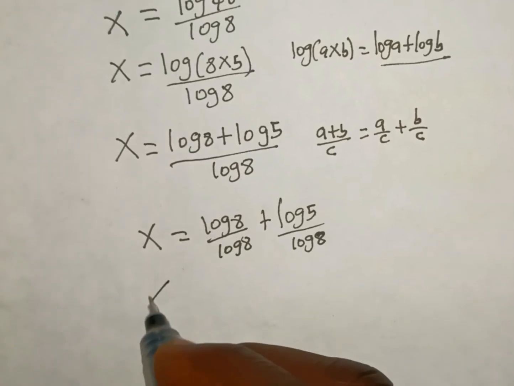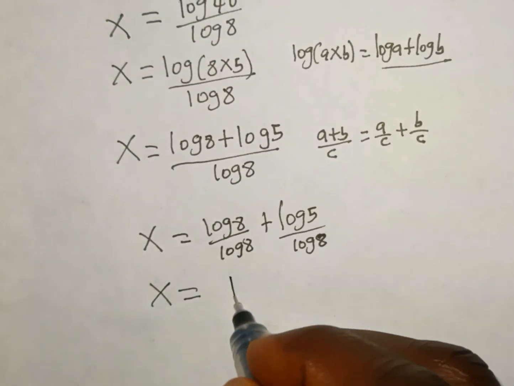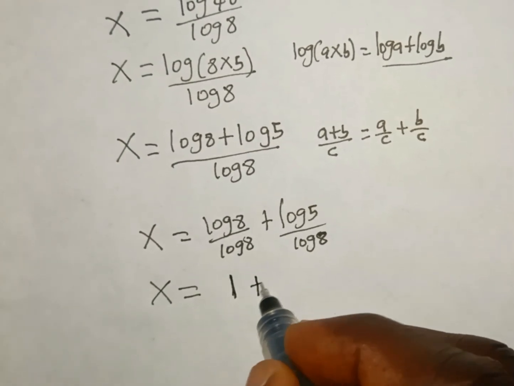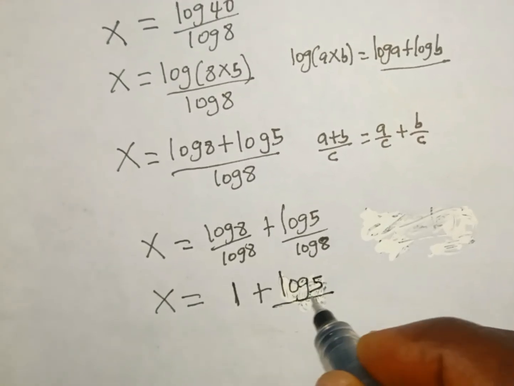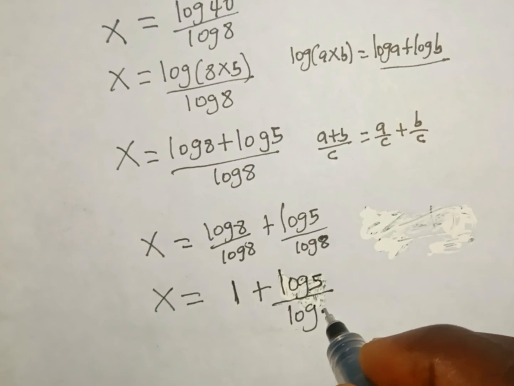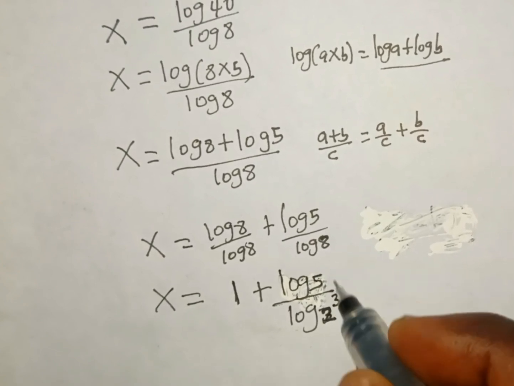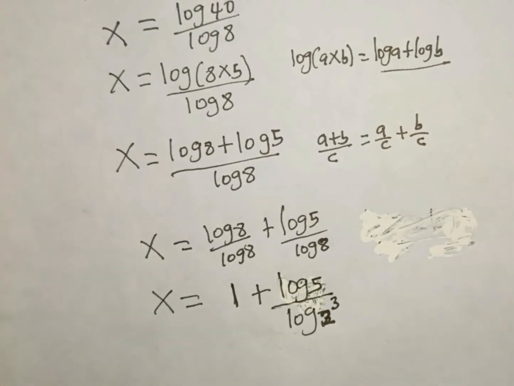So we're going to have x equal to log 8 divided by log 8. When the same thing is divided by itself, it is going to be 1, then plus log of 5, then everything all over log of this 8, which can also be written as 2 raised to the power of 3, because when you multiply 2 by itself 3 times, it's going to give us 8.